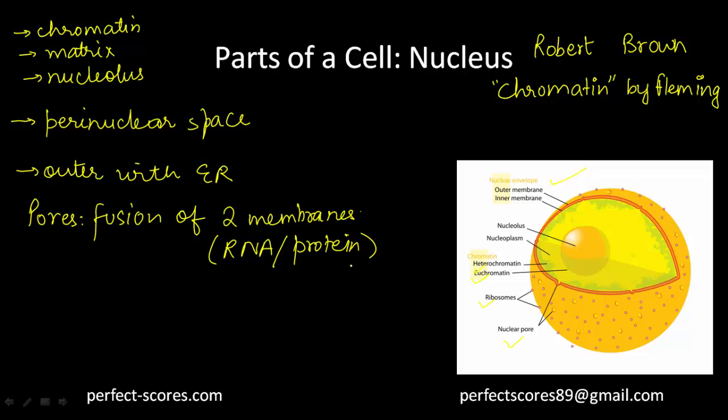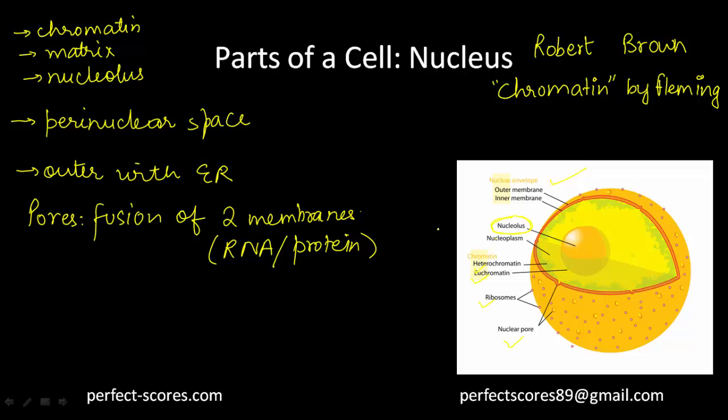And then comes the nuclear matrix or the nucleoplasm that contains the nucleolus and the chromatin. Now nucleoli are spherical structures. The content is continuous with the rest, and it does not have a membrane. This nucleolus over here does not have its own membrane. It is not membrane bound.